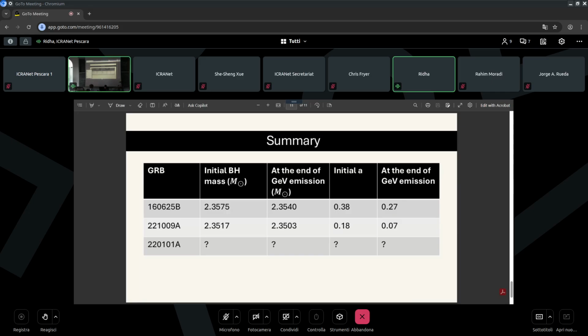It's okay. And we have to put all this together with the other values, especially 220101. But this is very interesting because they're all very similar, like we expect them.